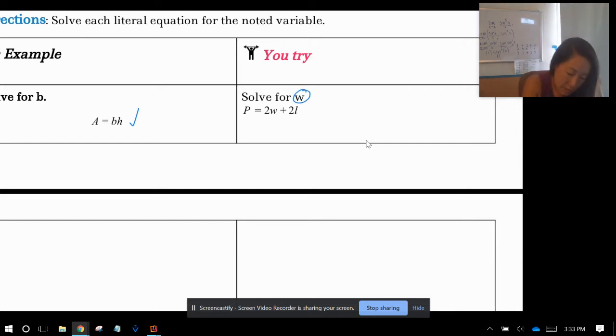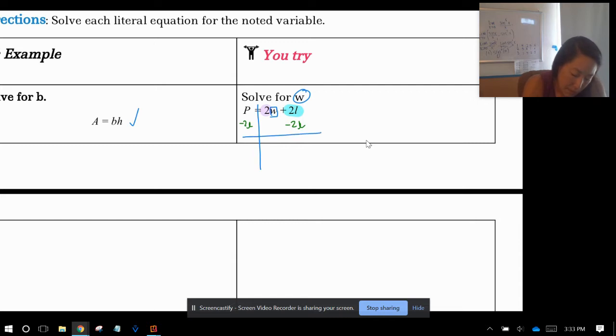So I like to take a look at W here, and we have to move everything else away from it. So we have to move everything to the left-hand side. Right now I have this part 2L that is being added to the 2W, and I have the 2 that is being multiplied by W. So what do we undo first? We undo the adding. So I'm going to subtract 2L from both sides.